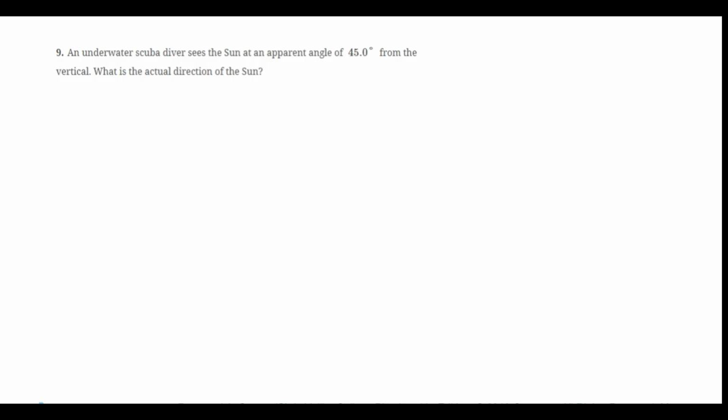What is the actual direction of the sun? So we have an underwater scuba diver, and he sees the sun at an apparent angle of 45 degrees. But we want to know what is the actual direction of the sun. So how do we solve a problem like this one?